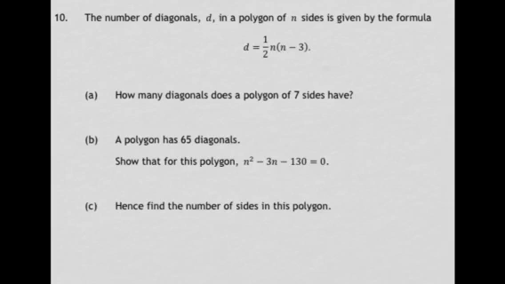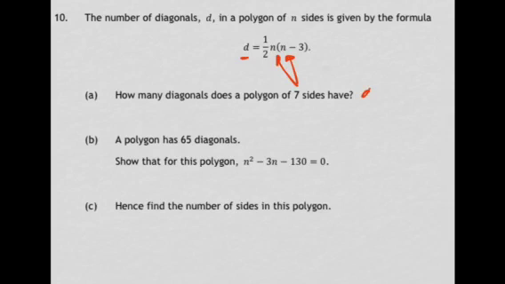Now question 10. How many diagonals does a polygon of side 7 have? Well, you've got a formula that says D, the diagonals, is equal to a half of n times n minus 3. So basically, for the first question, you've got to put 7 into that formula.